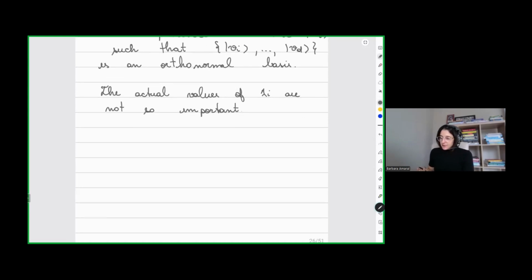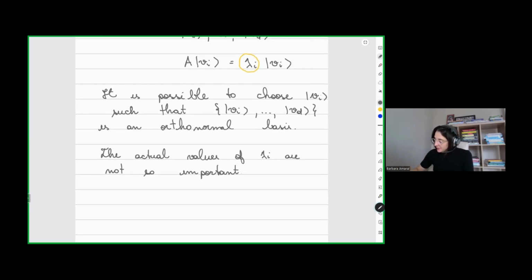So there are many ways of representing this measurement. The way we learn in quantum physics courses is through the Hermitian operator. But the important thing for me here is that I'm breaking the Hilbert space into these bases, which will give me subspaces for each eigenvalue.